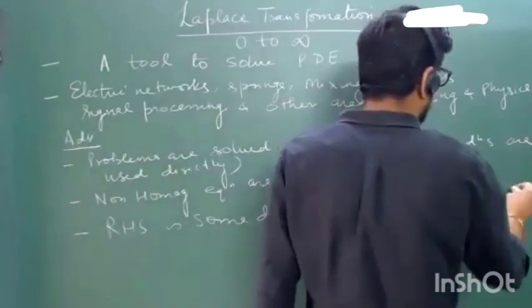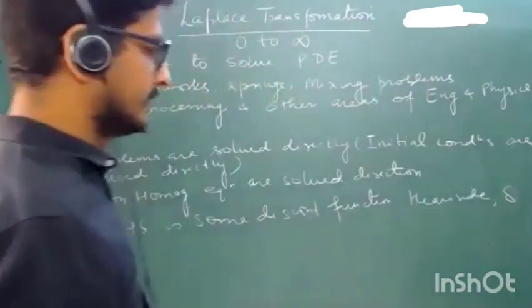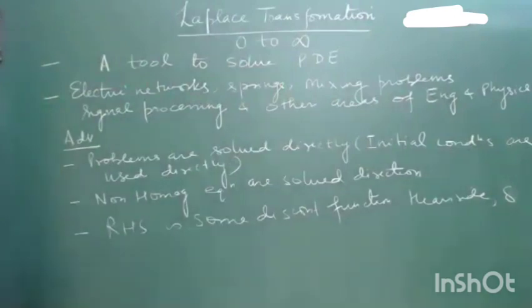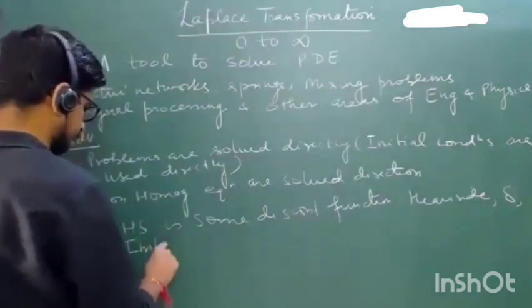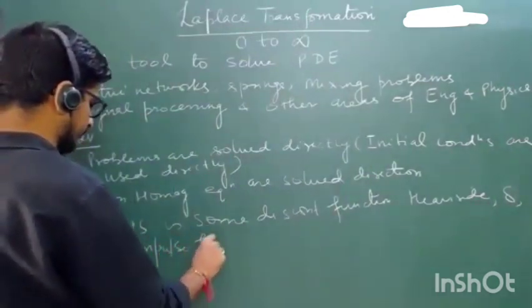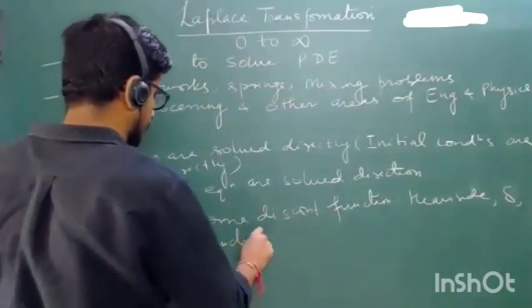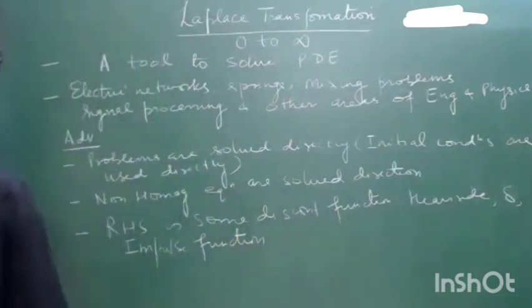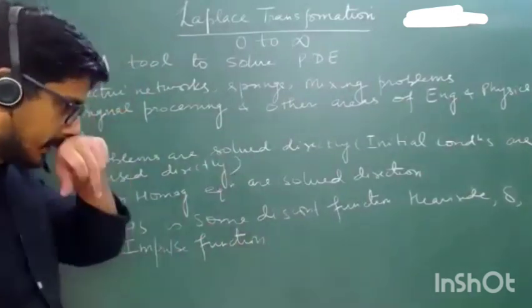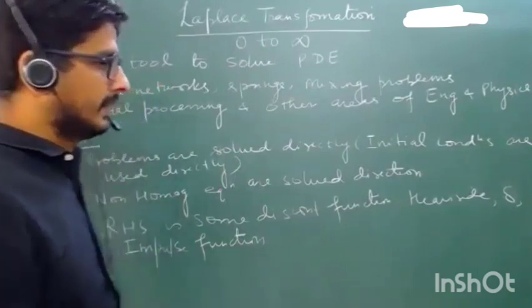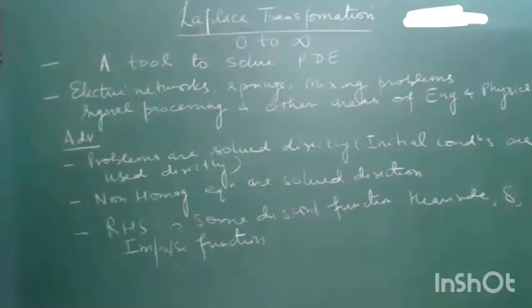So all these can be handled very easily in Laplace transformation, whereas it is not easy to handle them in our normal procedure. Okay, so impulse function. So all that can be handled very well in this Laplace method, and they were not easy to solve in normal procedure.